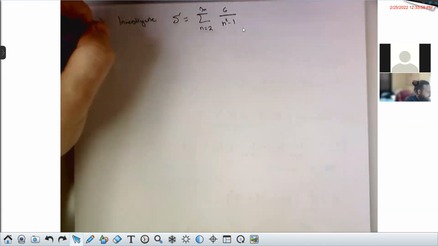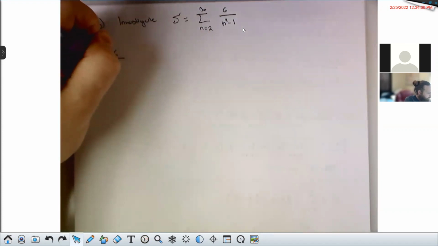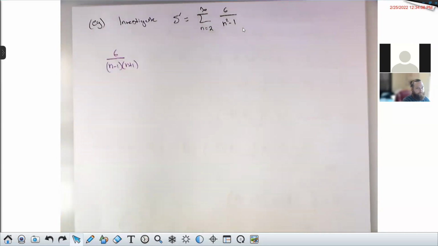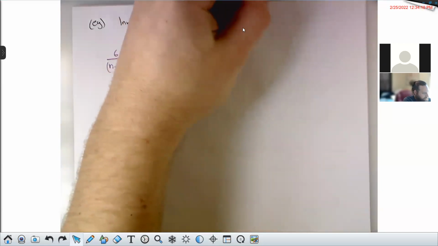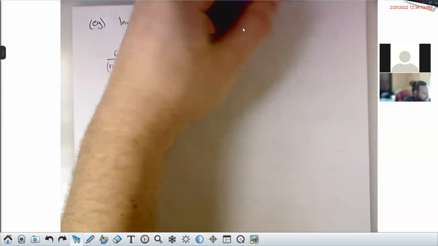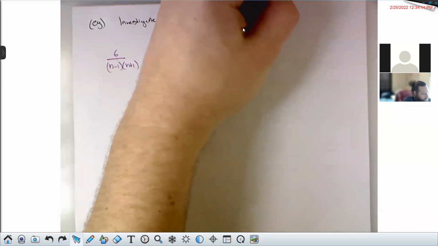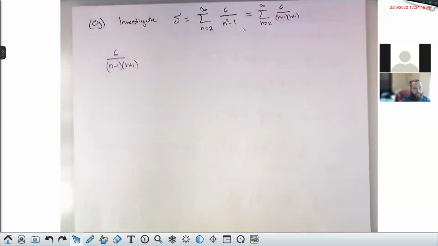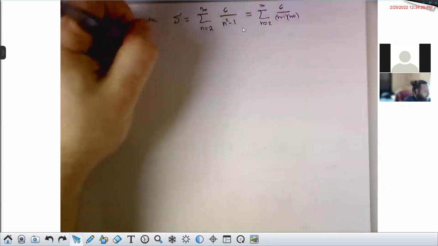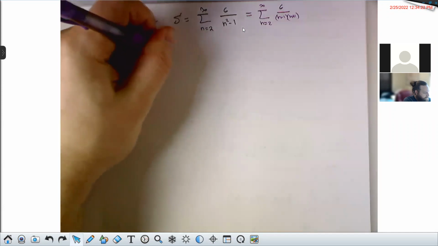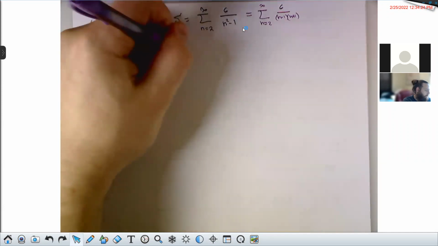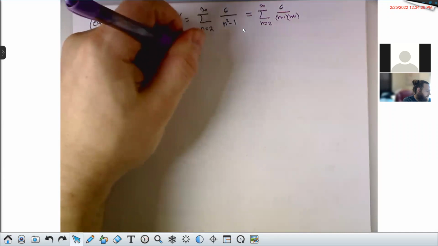Here's what we're going to say. 6 over n squared minus 1 is 6 over n minus 1 times n plus 1. And this is sigma n from 2 to infinity, 6 over n minus 1 times n plus 1. And if I set this up using partial fractions, I'll write A over n minus 1 plus B over n plus 1.